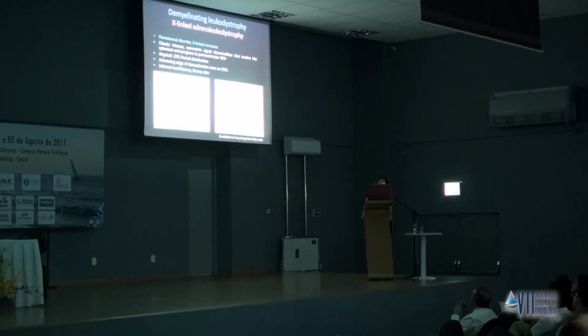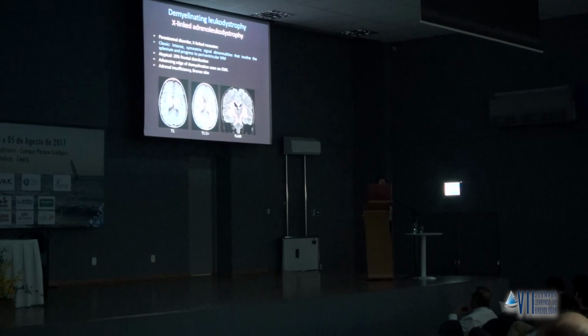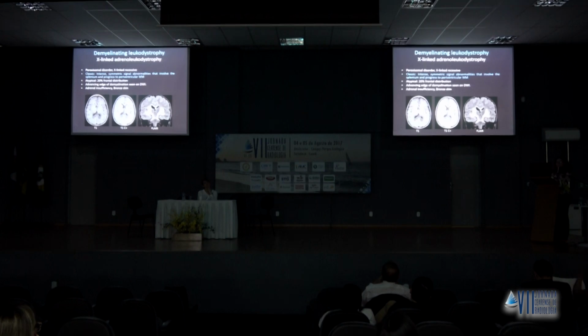Very sad. X-linked leukodystrophy. This is a peroxisomal disorder with an X-linked recessive mode of inheritance. Now, you don't need to remember all that, but they make nice, colorful slides. So the peroxisomes are responsible for oxidation of very long-chain fatty acids. The classic imaging appearance for X-linked adrenoleukodystrophy is going to be intense symmetric signal abnormalities that involve the splenium of the corpus callosum.